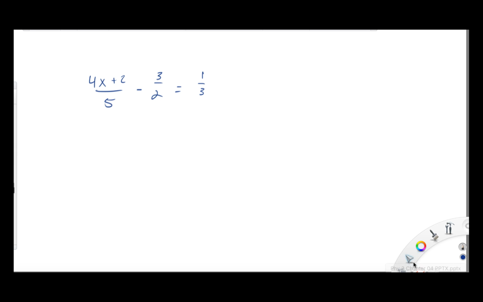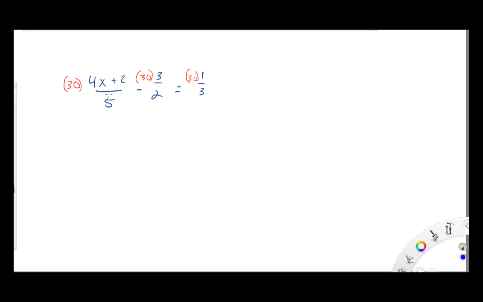So what we're going to do is we're going to multiply. No, it can't be 20. It's got to be 30. So we're going to multiply each of these by 30 to come up with our answer.